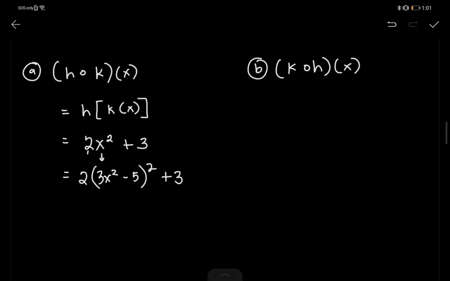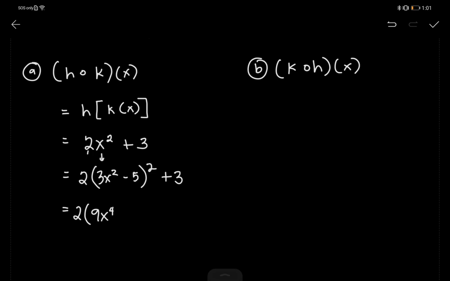In this case, we have to operate this first. Here we have the square. You can use the FOIL method, but you can also use the shortcut method. Bring down first the 2, then square the first term. 3x squared, squared, is 9x to the 4th power.